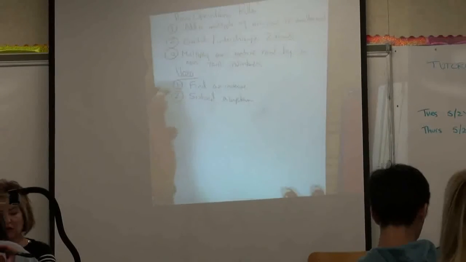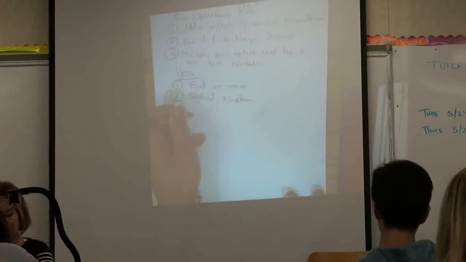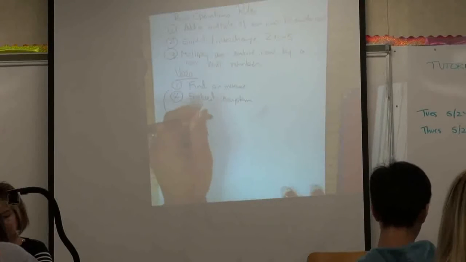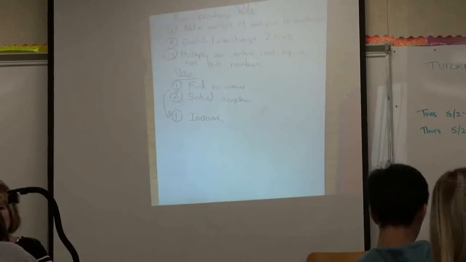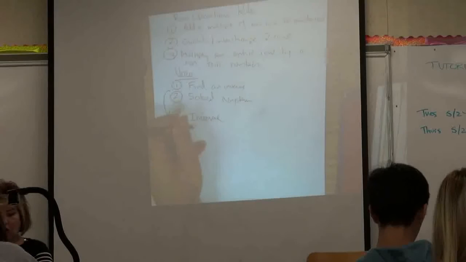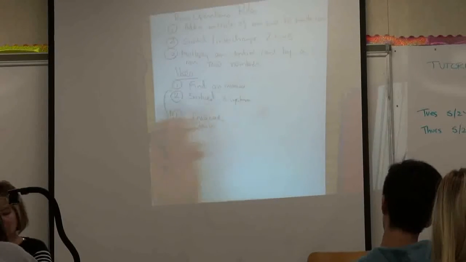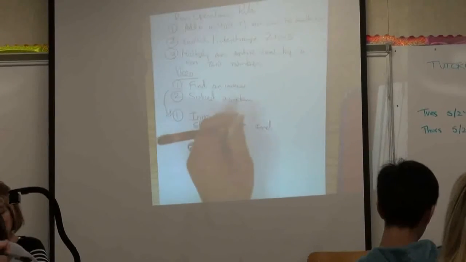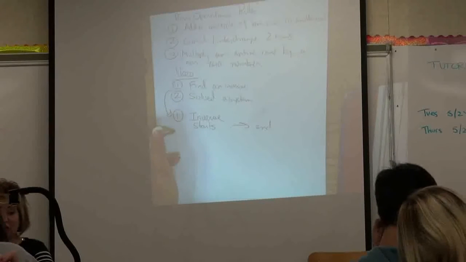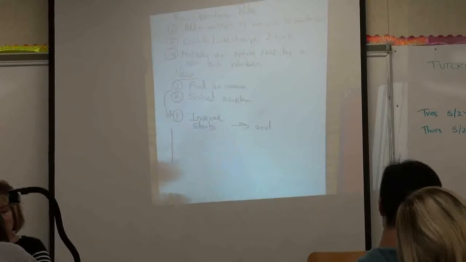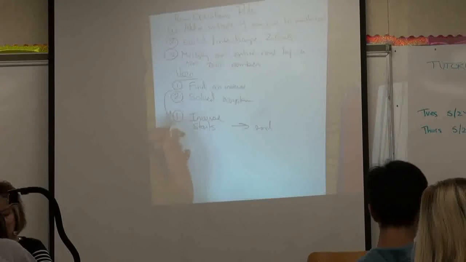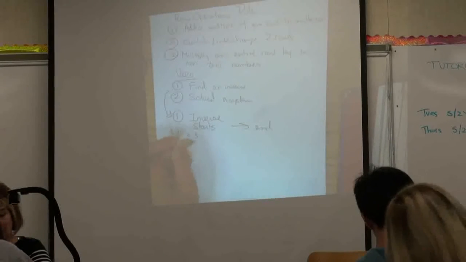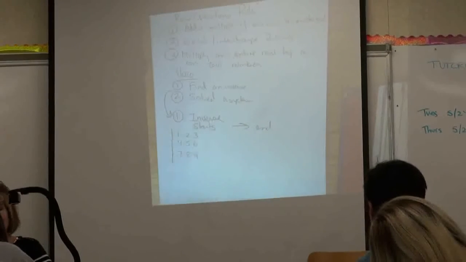When we were finding an inverse, what was the start and what was the end? Let's say you had one that was 1, 2, 3, 4, 5, 6, 7, 8, 9.